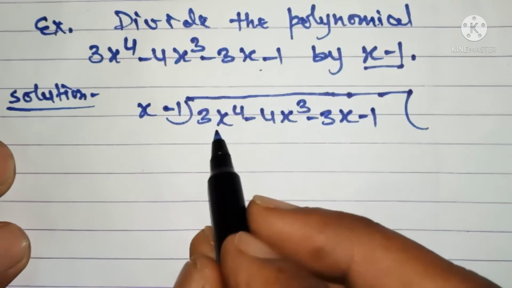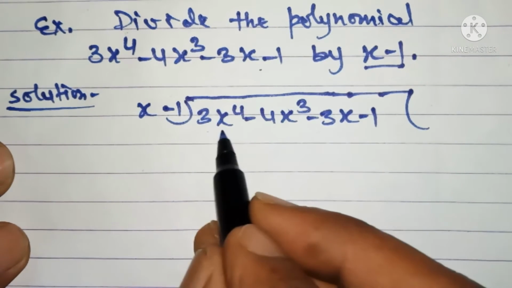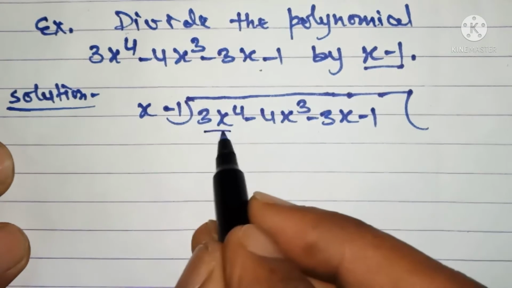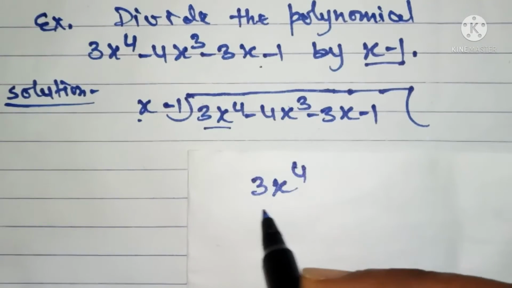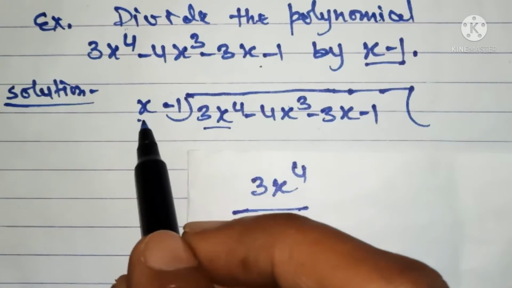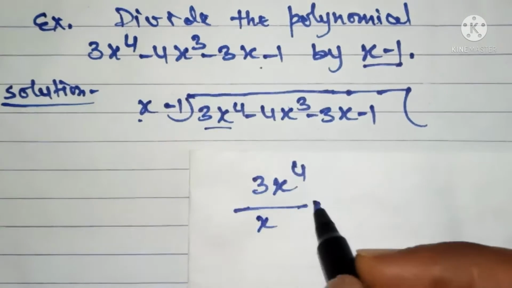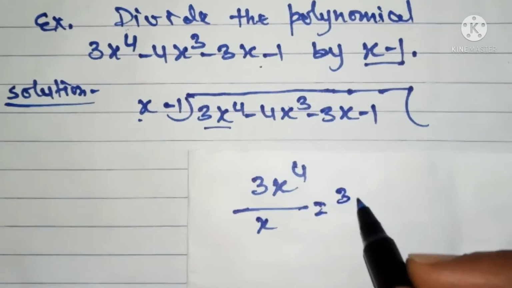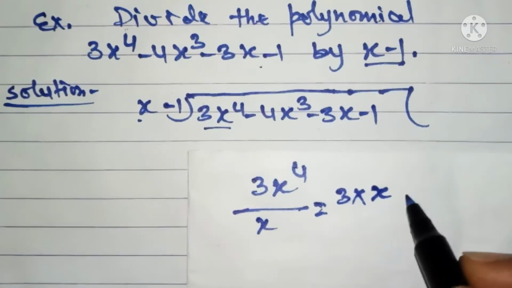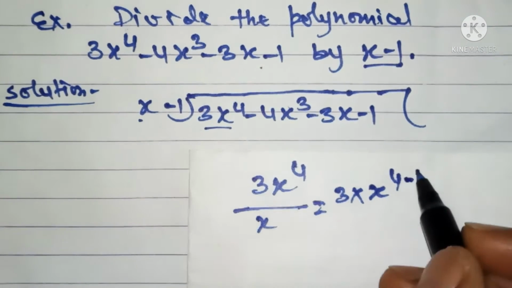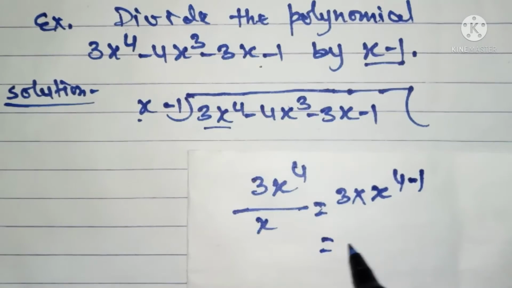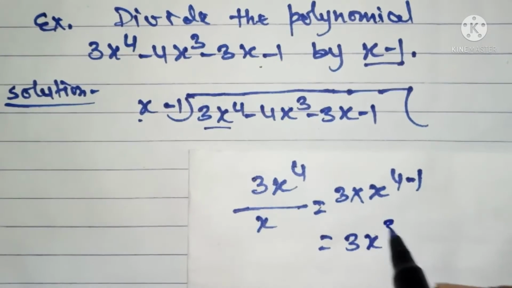We have to see the first term of the dividend and the first term of the divisor. The first term of the dividend is 3x to the power 4 and the first term of the divisor is x. We can write it as 3 into x to the power 4 minus 1, which is equal to 3x to the power 3.